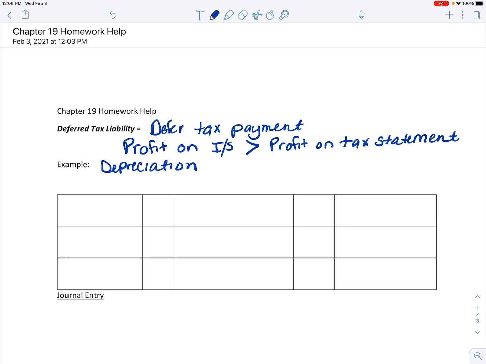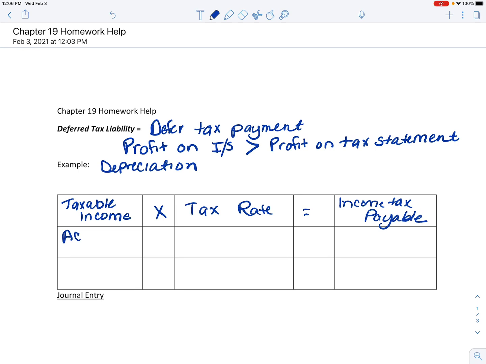So what happens here is we're going to take our taxable income, we multiply that by whatever our tax rate is, and this is what's going to equal your income tax payable. What you actually have to pay based on your taxes. Then we have our accounting income.